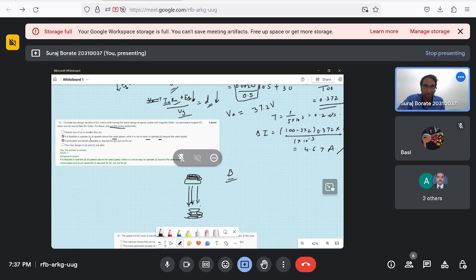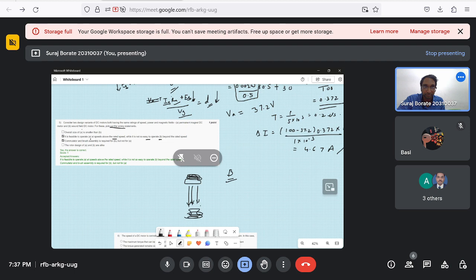Here they are saying torque generated, not the torque capacity. This graph is about the torque capacity, so that is why this is wrong. And the first statement says the maximum torque that can be generated for a given speed can be arrived at from the consideration that power is constant.